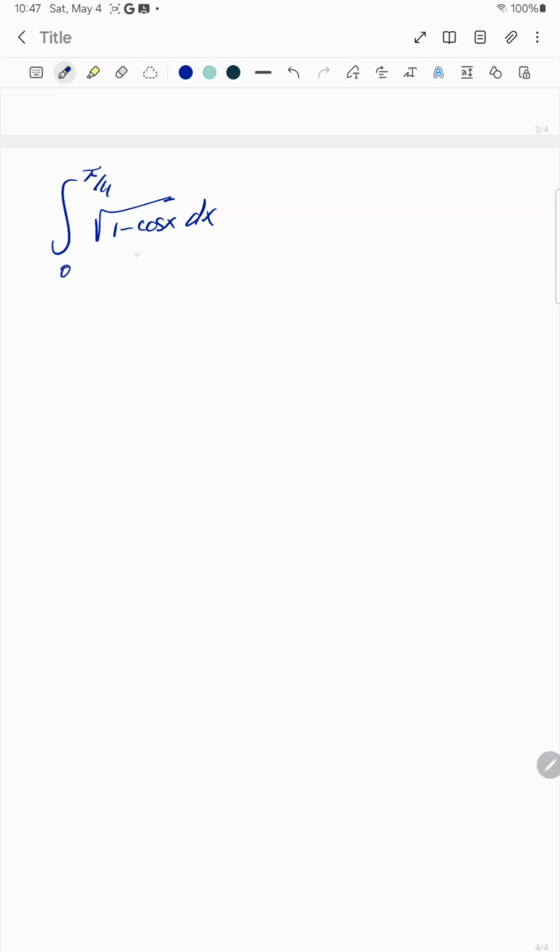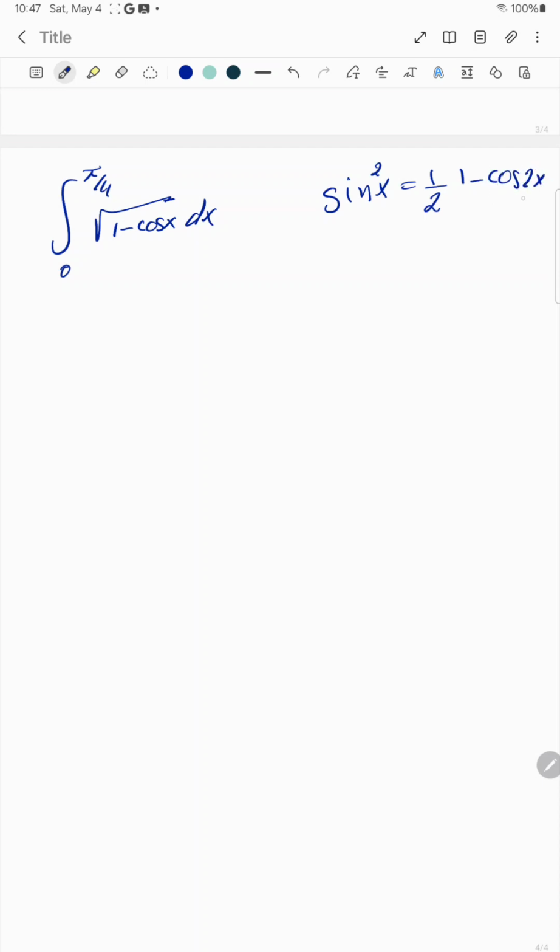To get rid of the square root, if I can make the entire expression under the square root to the power of 2, then I can get rid of that square root. And now I know there is a formula which I saw at the beginning of this video, which is sine square of x equals 1/2 times 1 minus cosine 2x.